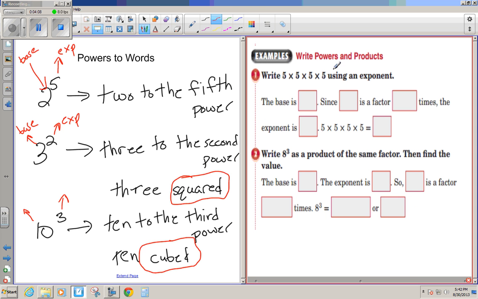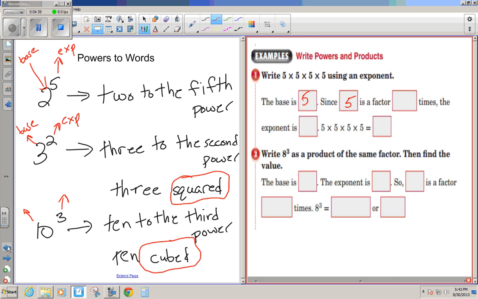All right, here's an example. Let's write powers and products. So write 5 times 5 times 5 times 5 using an exponent. The base is the number that you're multiplying. So the base here is 5. And since 5 is a factor, how many times are you multiplying?